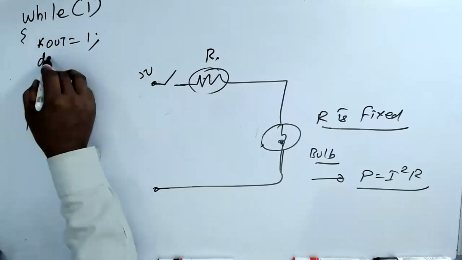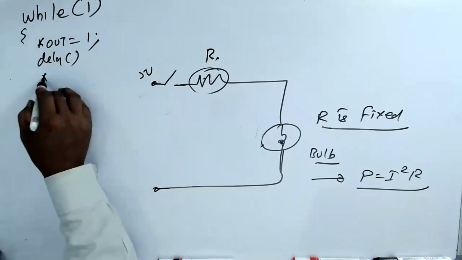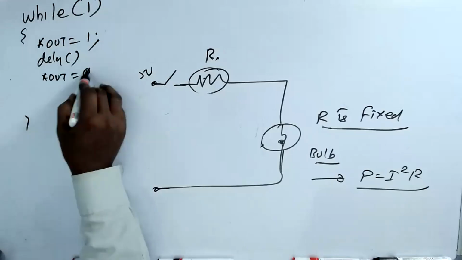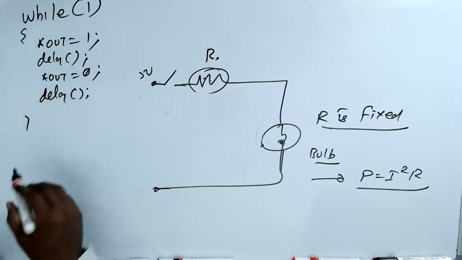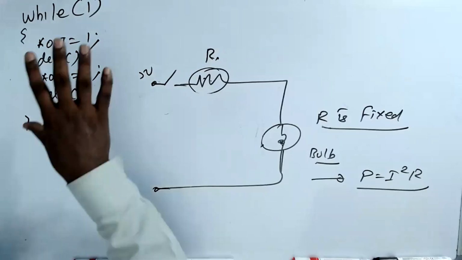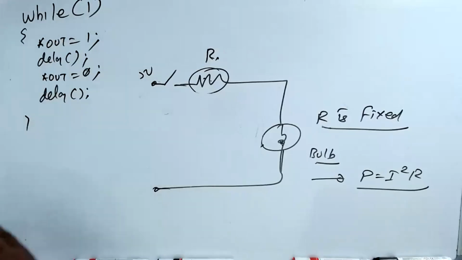Star out equal to 0, delay. Am I right? I don't know how many of you have tried this at your home on the Wokwi RISC-V simulator or the actual board. How many of you have done this exercise? It's very small. You should learn how to blink the LED.